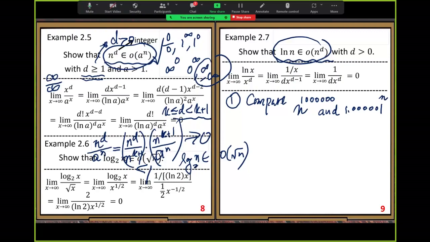Even if we put 2 here, it could be a huge number, right? So big. But in this one, the base is close to 1, with so many zeros, and you multiply it by itself n times. We have no idea how big it is, right?